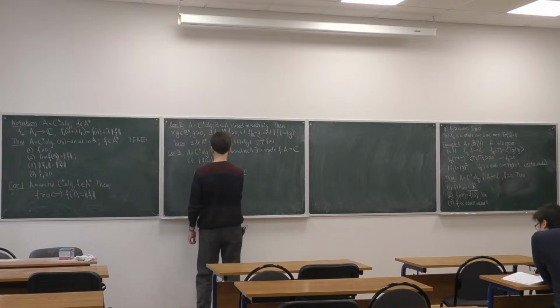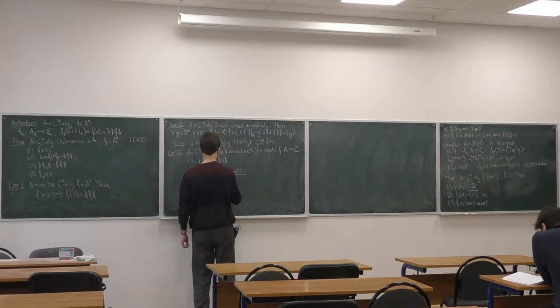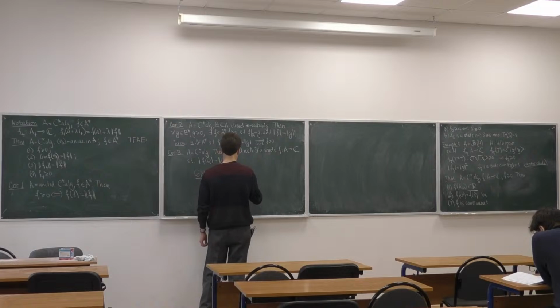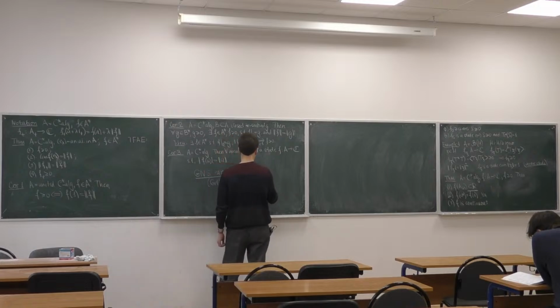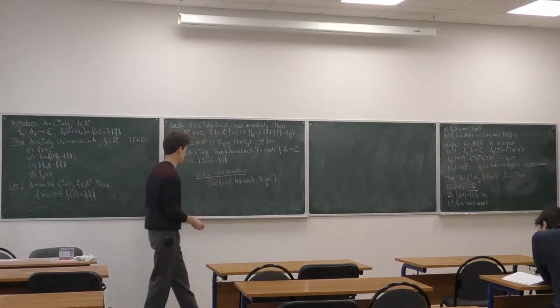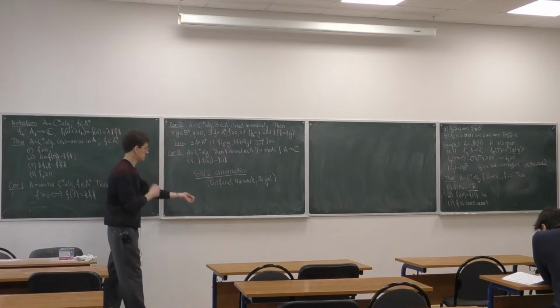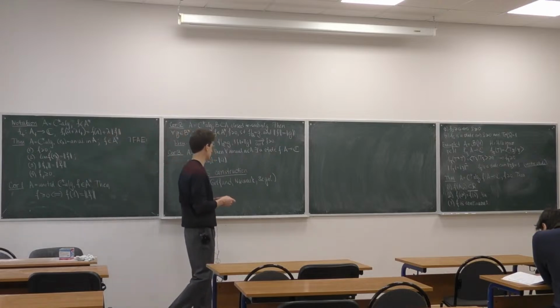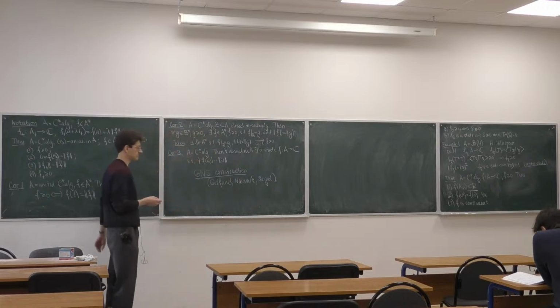GNS is for Gelfand, Naimark, and Segal. So implicitly, this construction was introduced by Gelfand and Naimark in their first paper on C-star algebras. And explicitly, it was introduced and investigated by Segal a bit later.